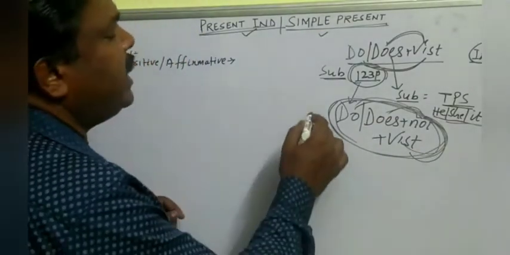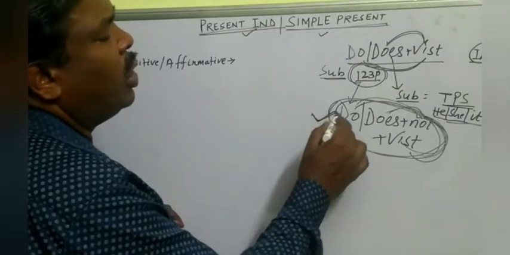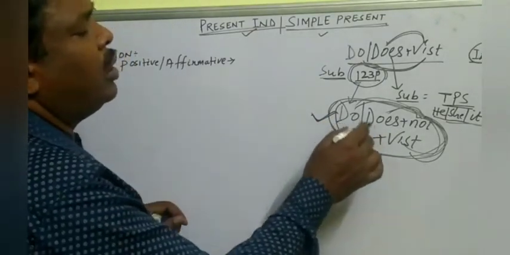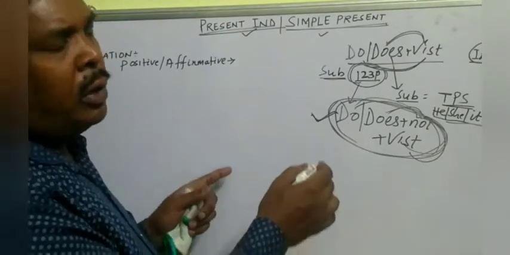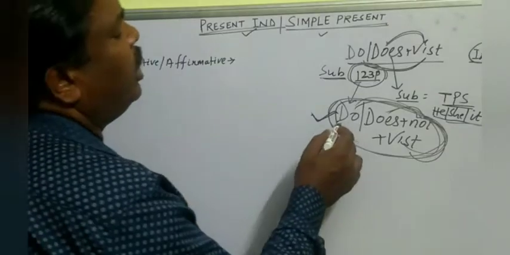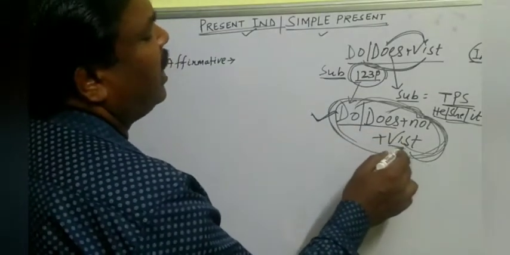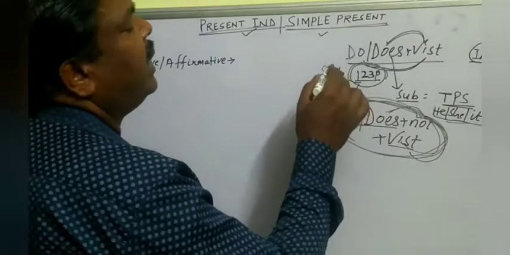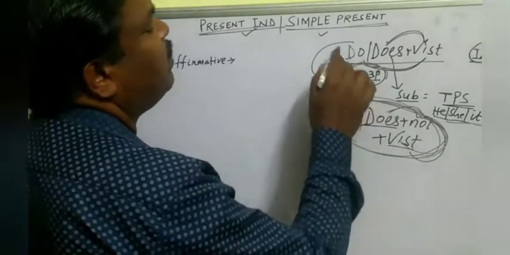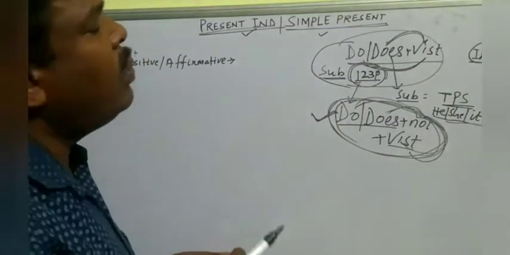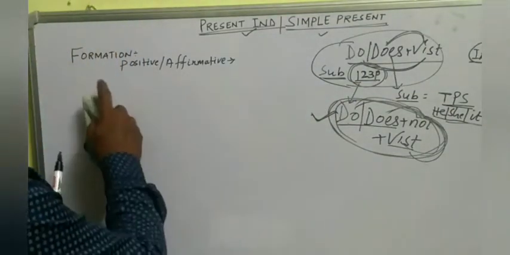Here do not or does not is called helping verb. With do or does we use first form of verb. Like this, in interrogative sentences we use do, does plus first form of verb. Is it clear?